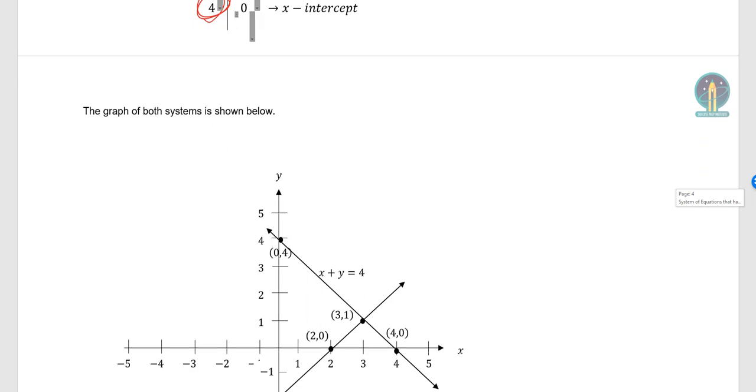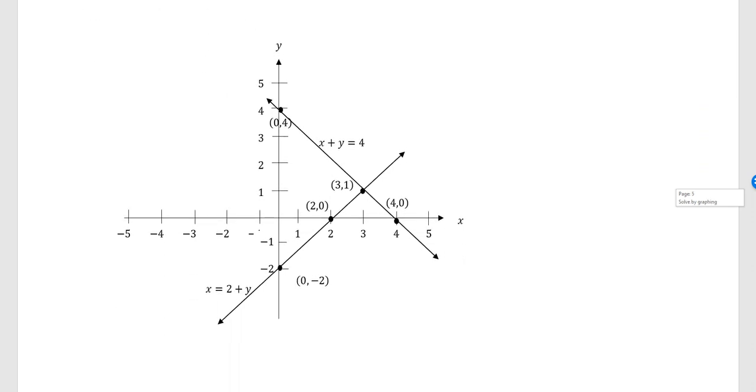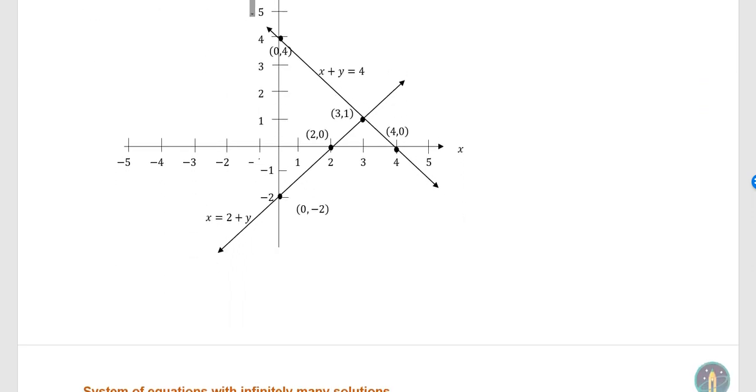And then we graph both equations down here. So this is the first equation, right? These are the two intercepts, 2 and 0, and then 2 and minus 2. And then for the second equation, these are the two intercepts, 4 and 0, and 0 and 4.